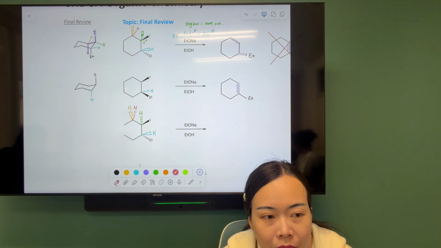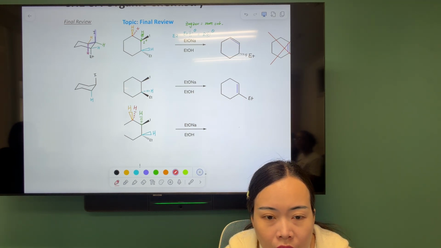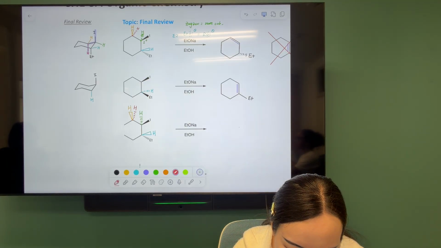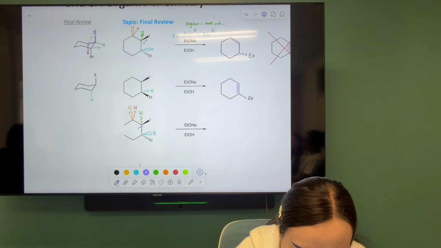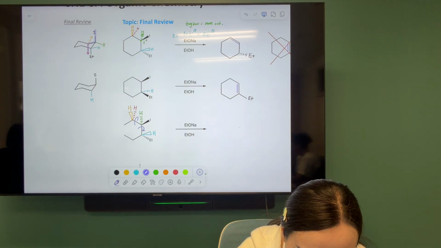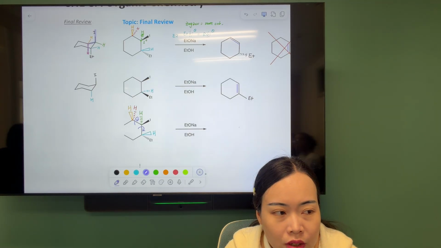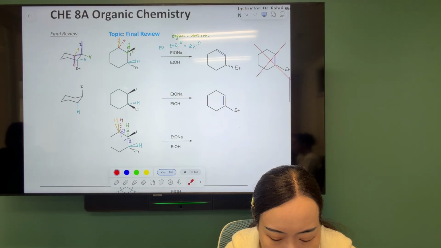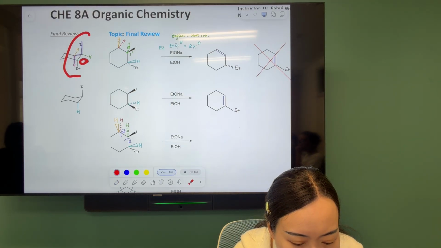Do I have the problem with anti-hydrogen anymore? No, because a single bond can always do free rotation. Yes, you can do free rotation as much as you want. Do I have my problem of my number 1 that my blue does not work?